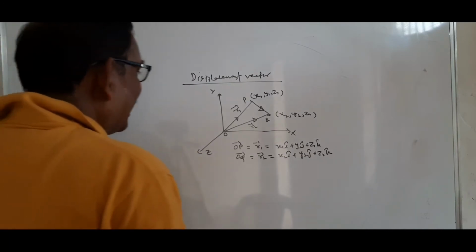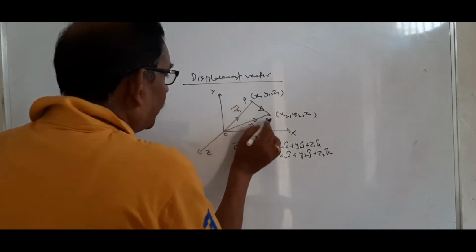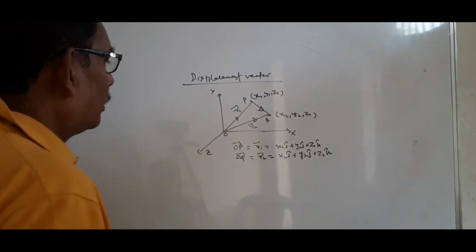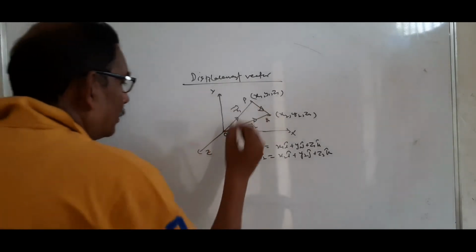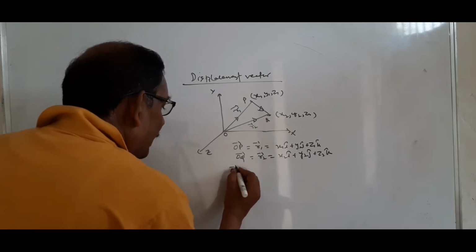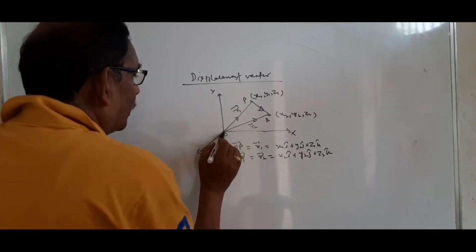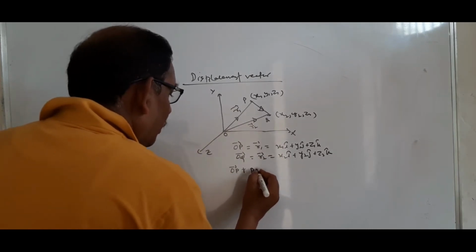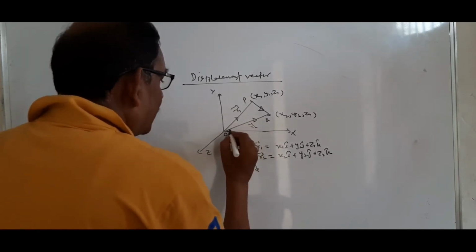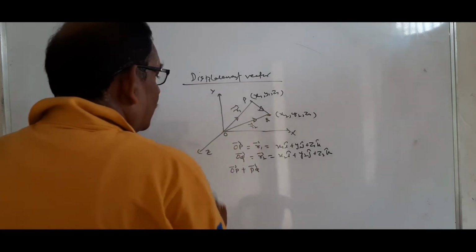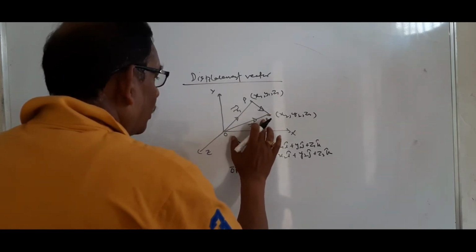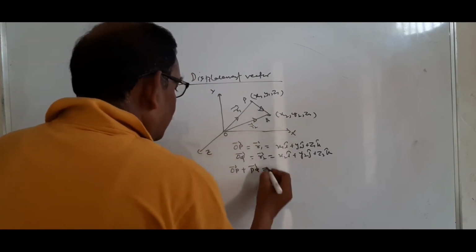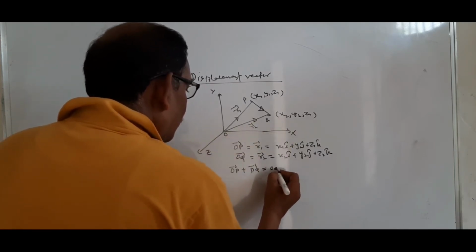Now calculate displacement. It means P to Q. So use the law of vector addition. Look here, OP and PQ are in the same direction, OP plus PQ. But this vector is in the opposite direction. These two are in the same direction, so it is your OQ.